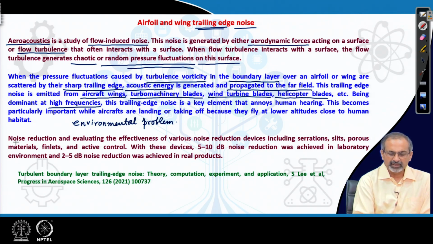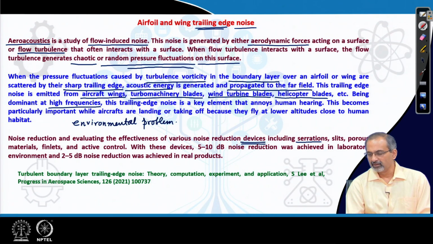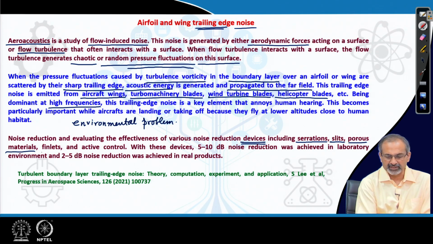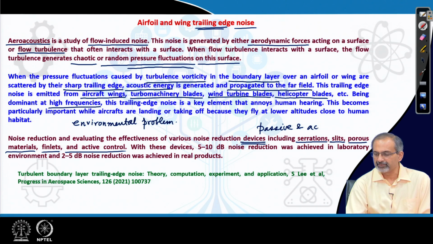So, in wind tunnel experiments, noise reduction and evaluating the effectiveness of various noise reduction devices has been studied widely. They have tried serrations, slits, porous materials, finlets, and different ways of boundary layer control, which are often called active control. So, there are two means, basically passive and active flow control.